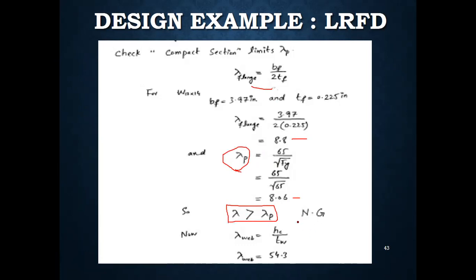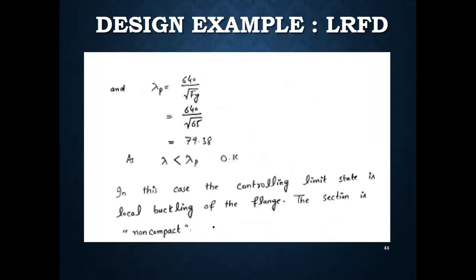So this section is not compact. We also check whether it is non-compact only in flanges or in the web as well. Once we apply the formula for the web, it satisfies the conditions.